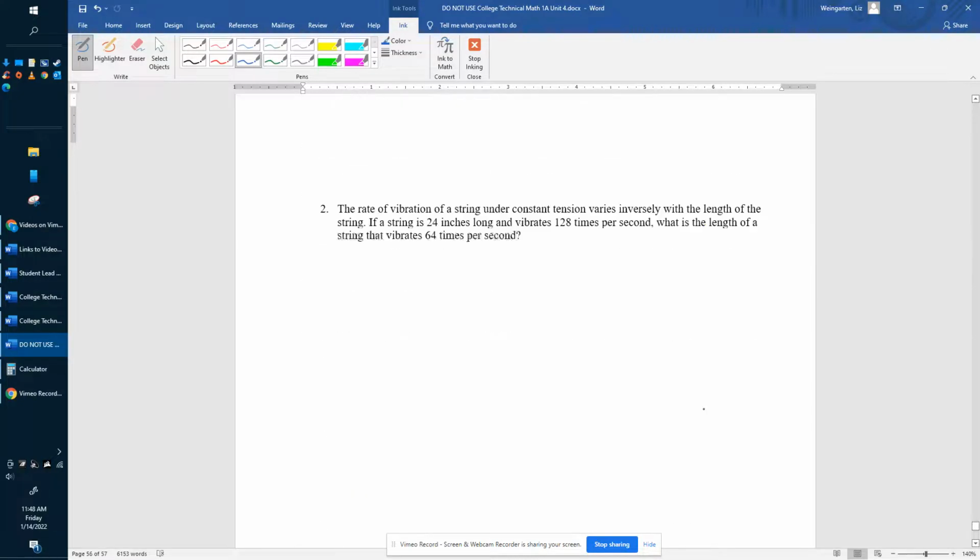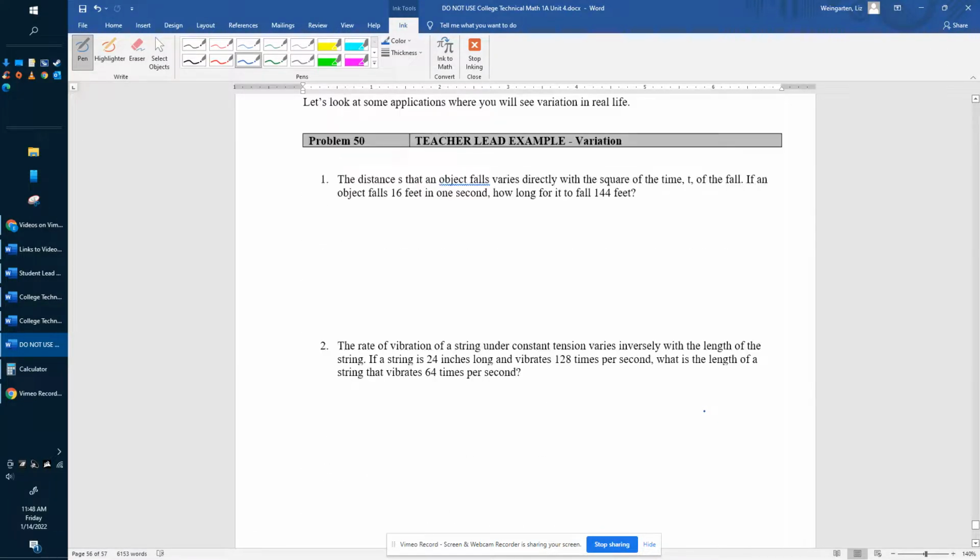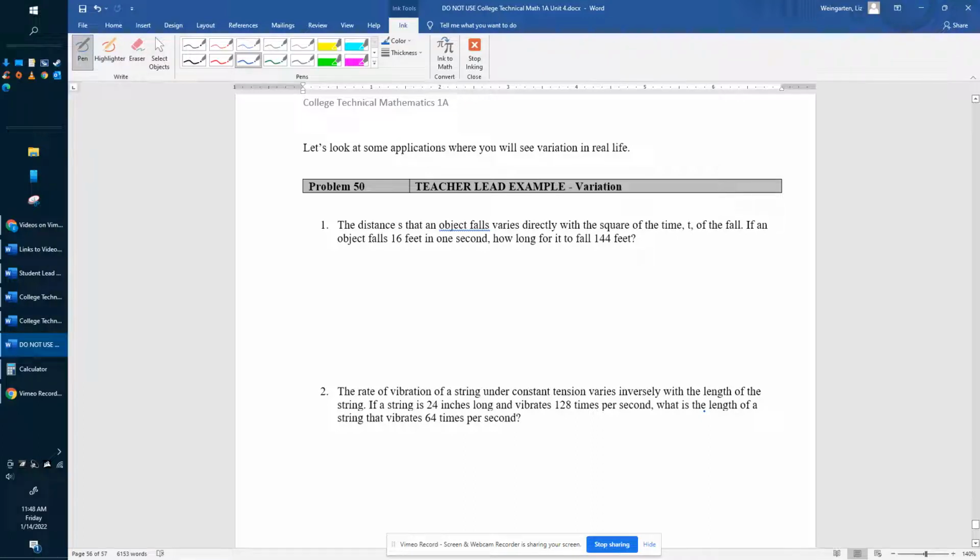All right, let's look at some applications of direct inverse and joint variation. The distance s that an object falls varies directly with the square of its time t of the fall. If an object falls 16 feet in 1 second, how long will it fall for 144 feet? So let's look at the start of our equation. The distance s that an object falls varies directly with the square of time t.